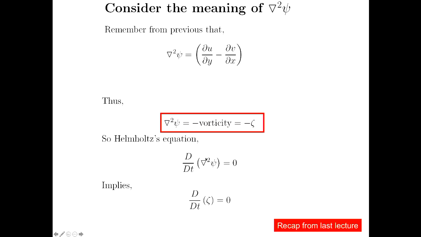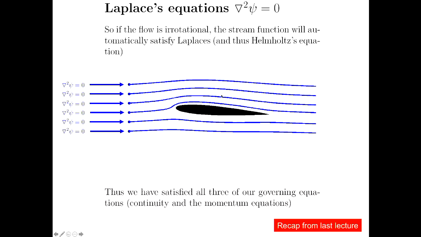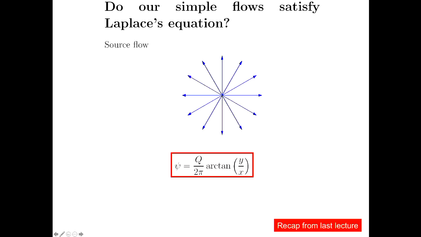But in this course, we are going to consider only the condition where the Laplacian of psi is 0, which means that the flow has to be irrotational. If the flow is irrotational, the stream function will automatically satisfy the Laplace equation, and therefore it satisfies our Helmholtz equation, which satisfies our continuity and momentum equations.